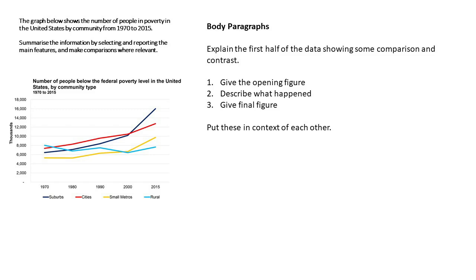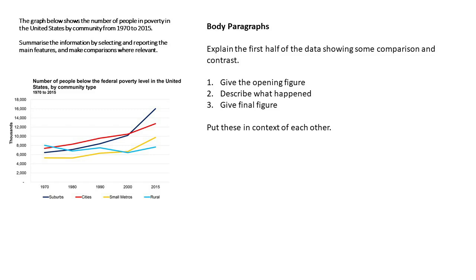Well, if we go back over the entire text, I want to point out a few things here. This is going to be in the body paragraphs where you do this. So remember, the actual question requires you to summarize the information by selecting and reporting the main features and make comparisons where relevant. Okay, you have to show comparison.